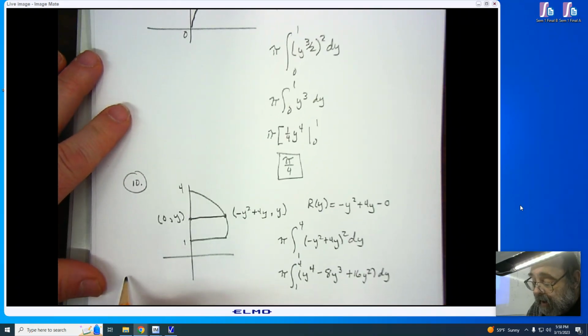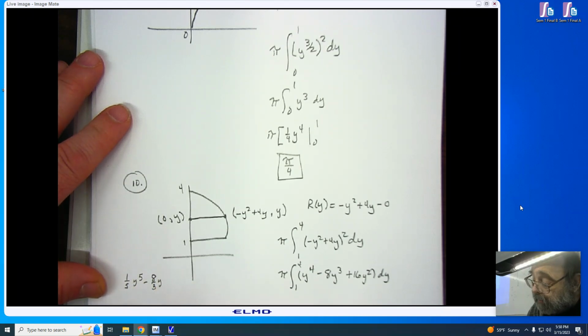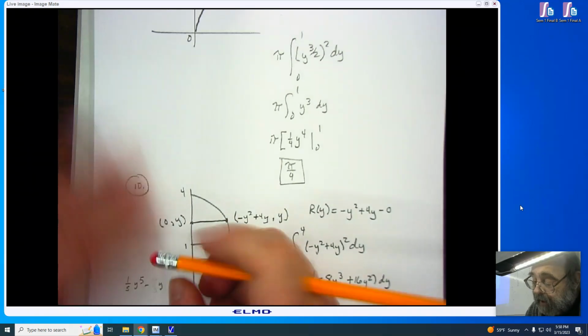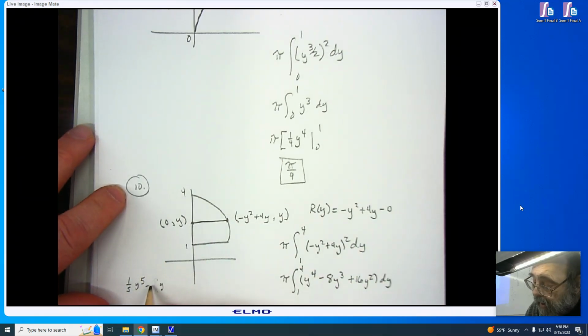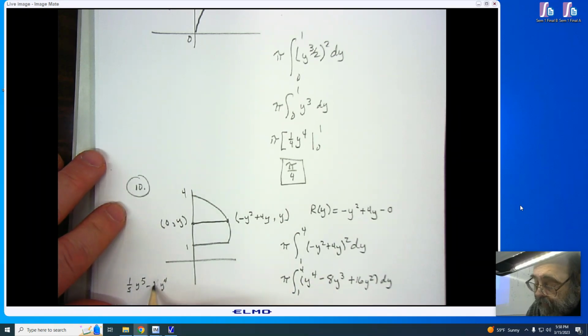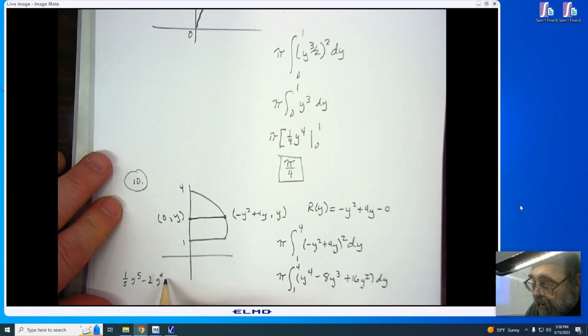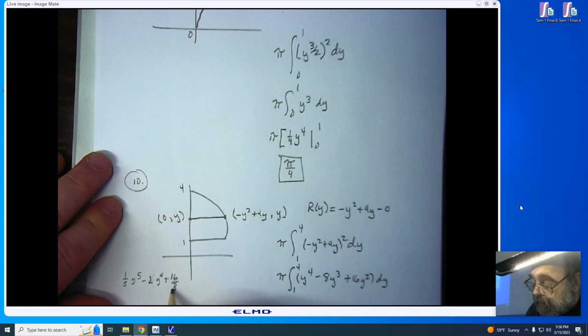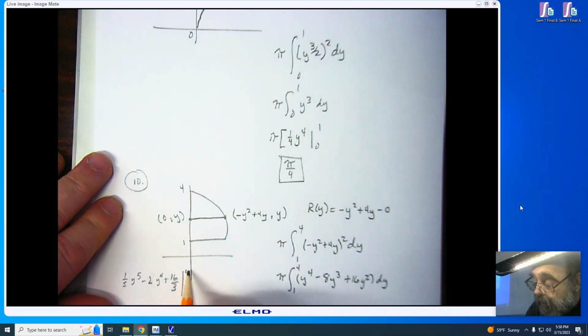Putting this in means that I'm looking at 1/5 y to the 5th power minus 8/3... Pardon me, that should be 2y to the 4th, excuse me. Let's make sure I divide correctly. Then I have plus 16/3 from 1 to 4.